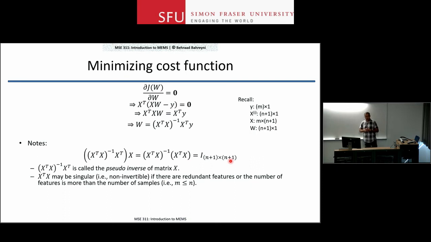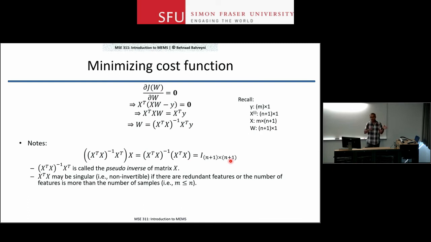Another case is where you have fewer features than the degrees of freedom in your function. Let's say you're trying to fit a third order polynomial that has 4 coefficients: the bias, x0, w0, then w1x plus w2x^2 plus w3x^3. So you have 4 variables here, but your data set only has 3 data points. So you have more variables than equations.